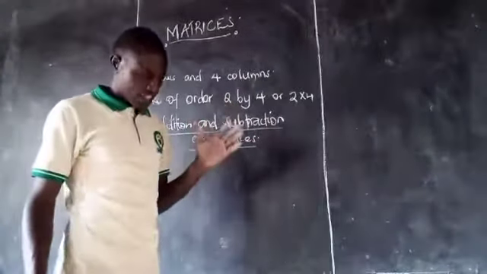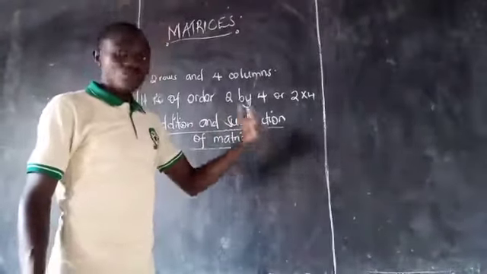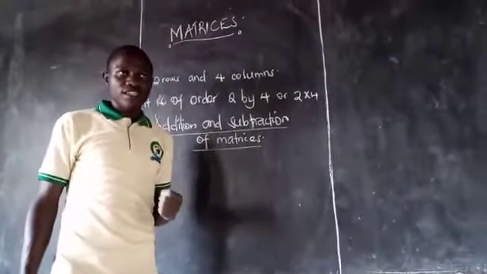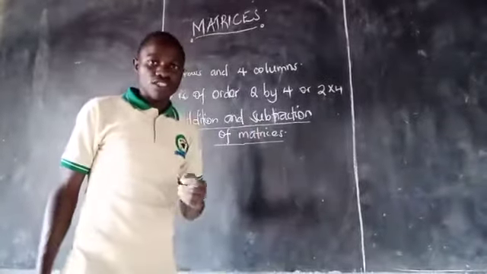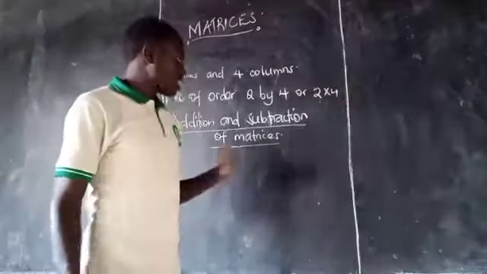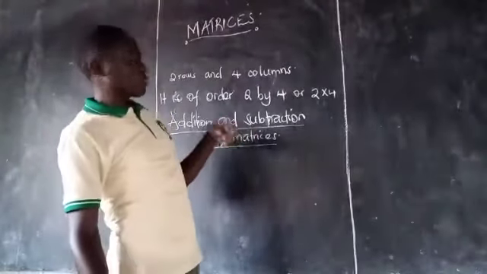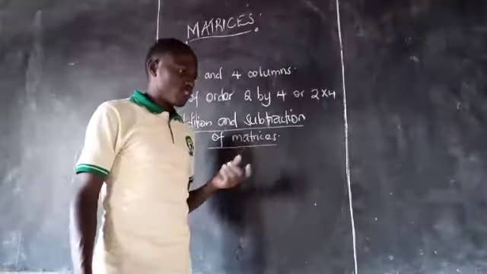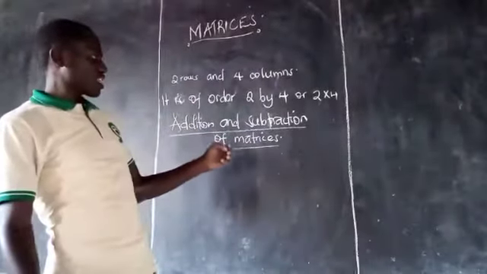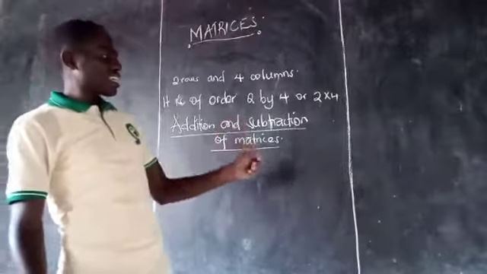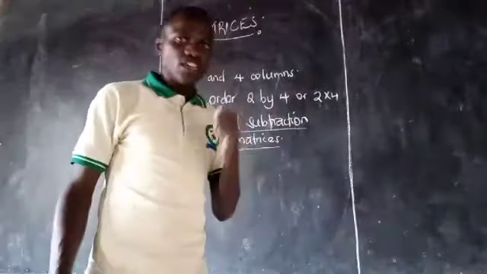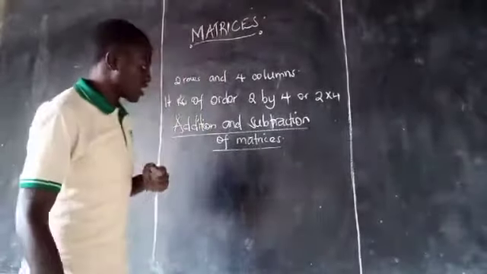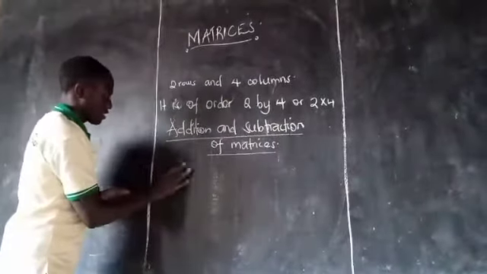Another condition is, while you're adding or subtracting matrices, we add or subtract the corresponding components. And then we shall bring in another concept, multiplying a scalar into a matrix. If you are multiplying a scalar into a matrix, then that scalar is multiplied on every element in the matrix.